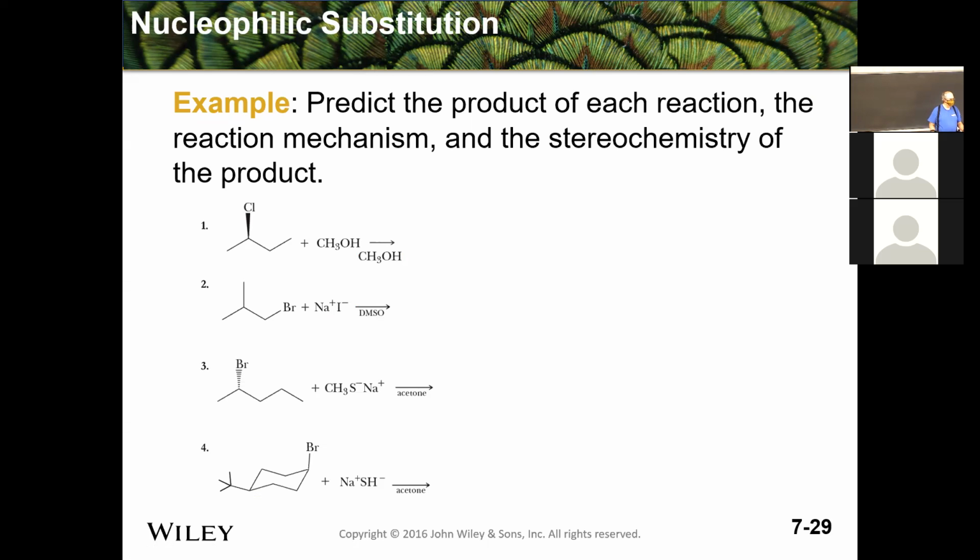Is it primary, secondary, or tertiary? Okay, you can answer on Zoom also. Primary, secondary, or tertiary? It is secondary, yeah. Okay, so 2-chlorobutane is secondary.